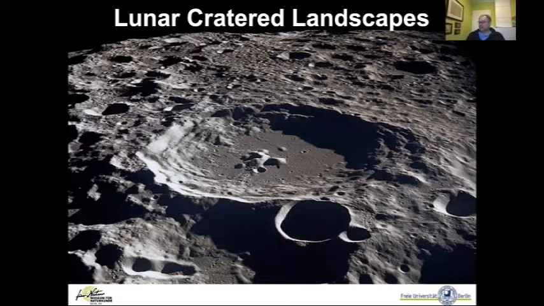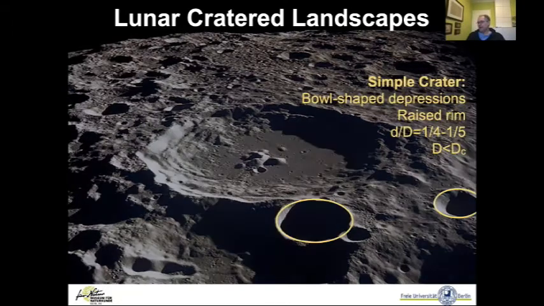You see craters, and when you have a closer look at all of these craters, you see that they are different in terms of their morphology. So you have these pits, these bowl-shaped craters. Most of the craters by far have this sort of morphology. This is what one would understand when we talk about a crater.